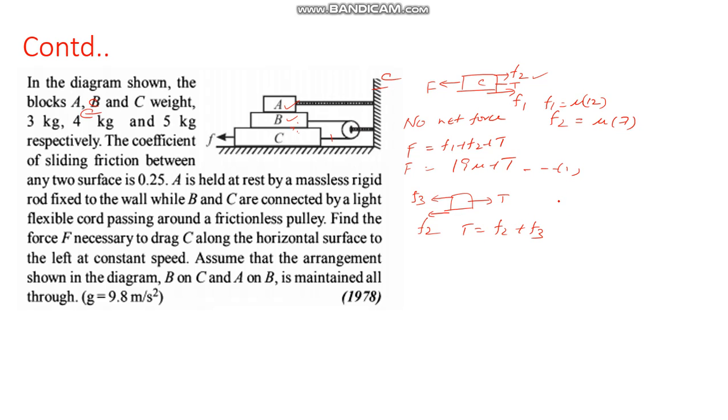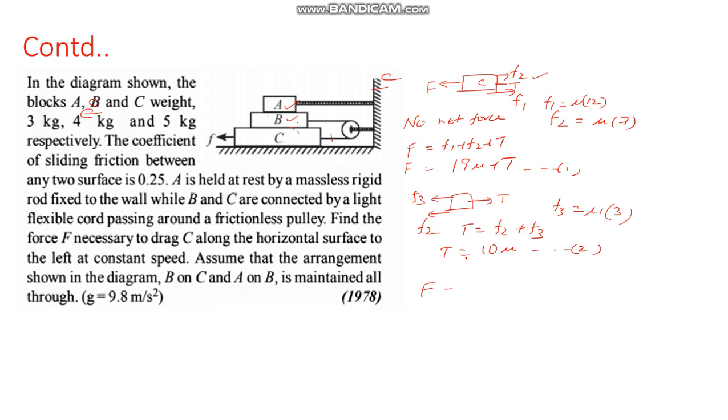So how to find F3? F3 is between this block and this block. So only the mass of block A has to be considered, which is 3, mu times 3. So T is equal to F2 plus F3. F2 is 7 mu, this is 3 mu, so total 10 mu. This is equation 2.